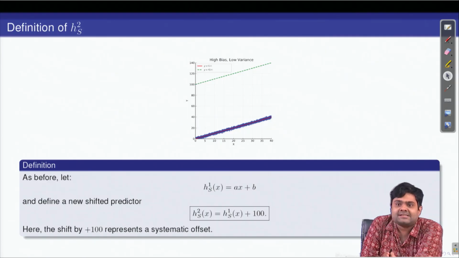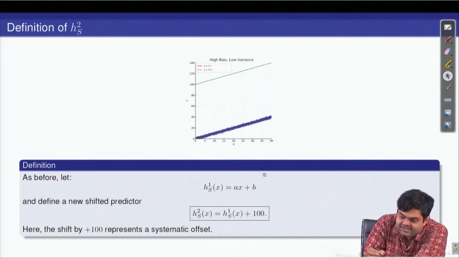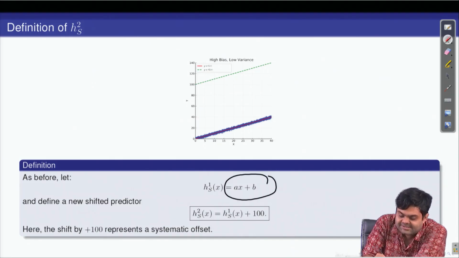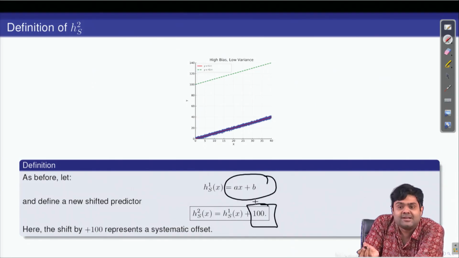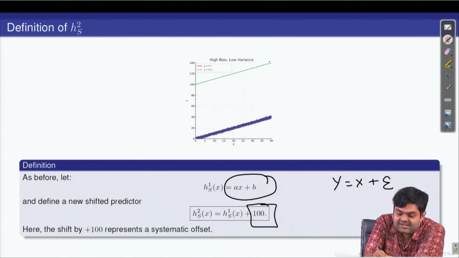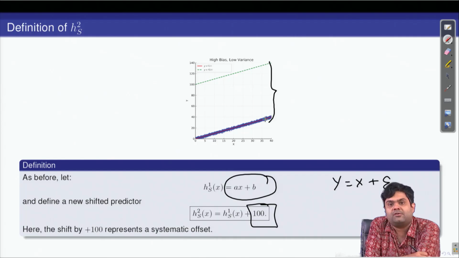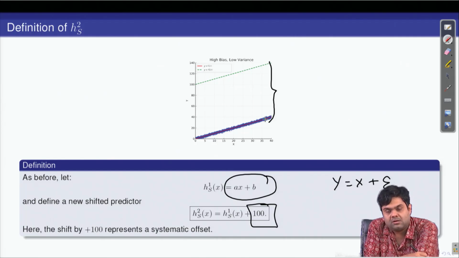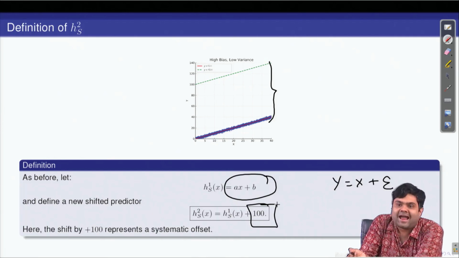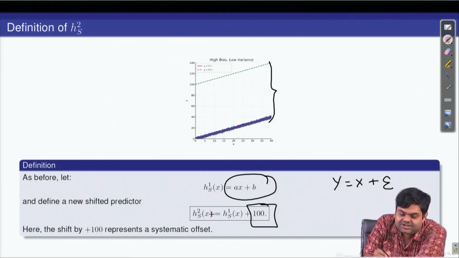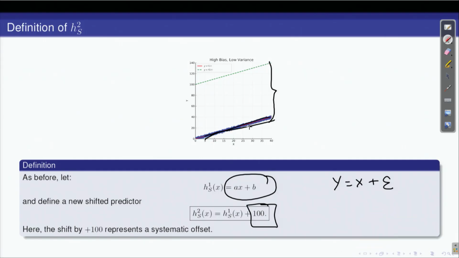Do exactly the same thing, fit the least square curve, just hack it up by 100. The model is the same, y equal to x plus epsilon, just add 100. Now, of course, adding an extra shift does not change the variability, because whatever variance was there, it will be the same thing here.